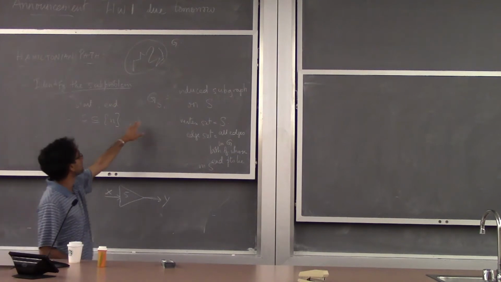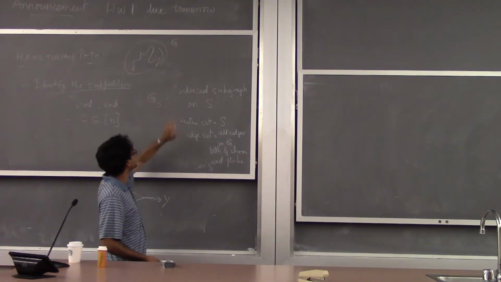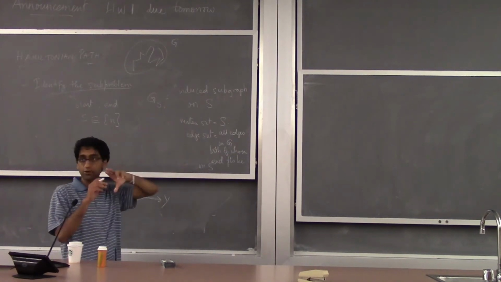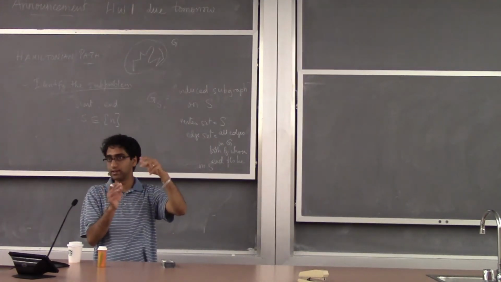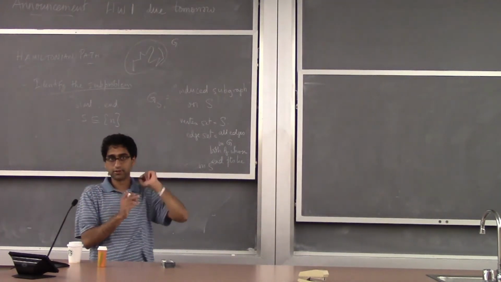So this is the definition of G sub S. It's a graph on a smaller set of vertices, with the same edges as there were in G itself.